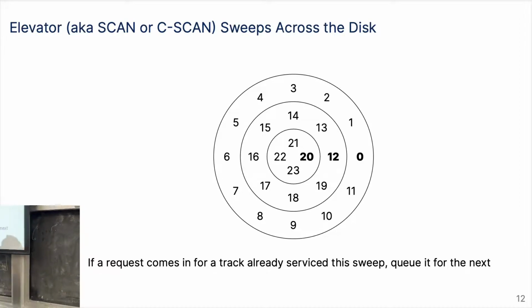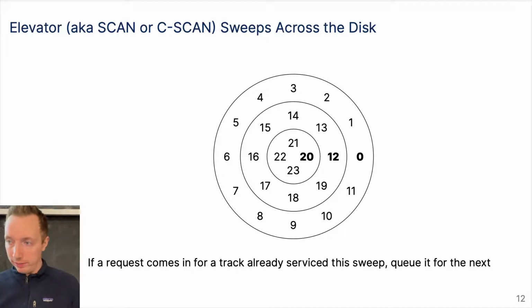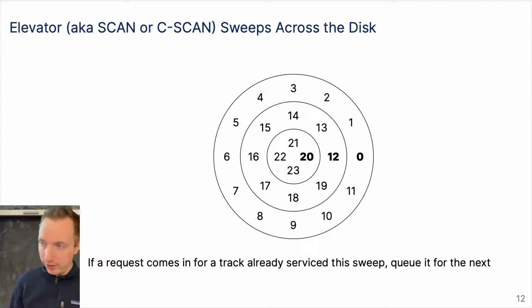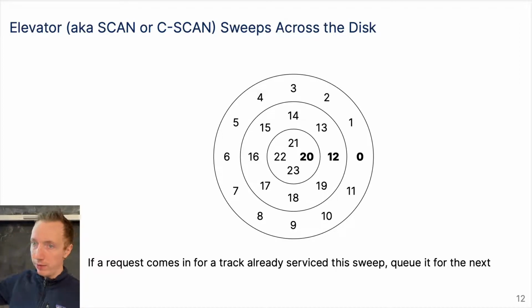It'll go through this track, and then this track, and only service requests that are already active at the time it goes through, and it won't go backwards until it reaches all the way to the top, and then it'll go back. So in this case, it would start at the outside track, read sector 0, and after that track's done, it would go read 12. Then after that track's done, it would read 20.